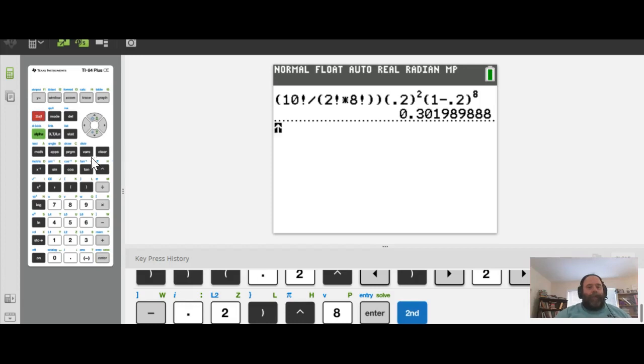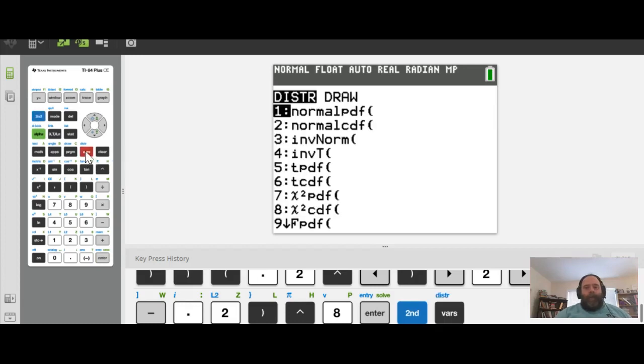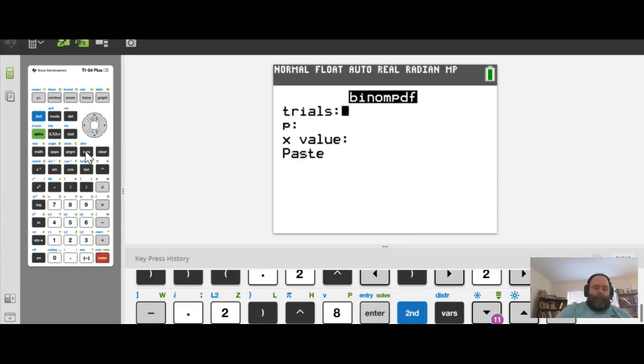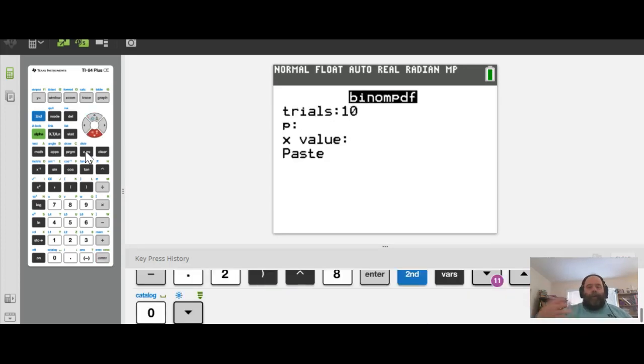If I go second vars and drive down a little ways, I get to the binomial PDF. Note I'm using the PDF here. How many trials do I have? I have 10. The probability of success is 0.2. The probability of me getting 2 correct is what I want.